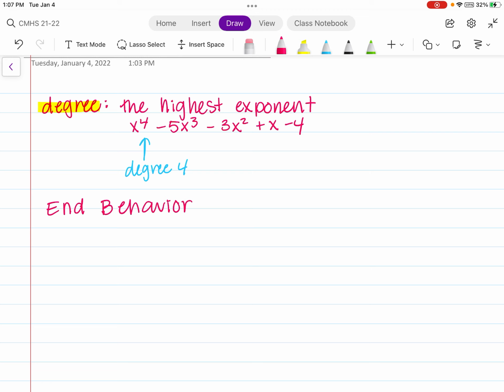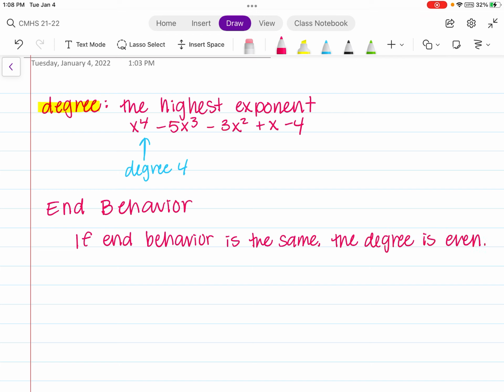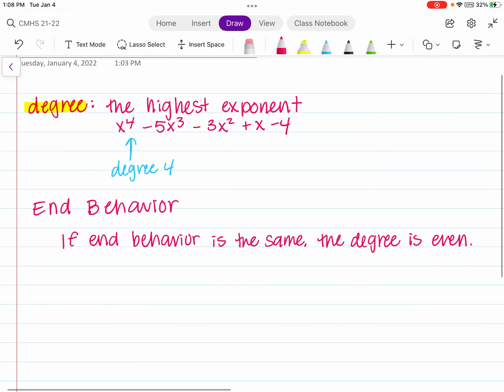So this is a little rule. We're going to skip a line, and I'm going to show you the rule. If end behavior is the same, like they're going in the same direction, both up or both down, the degree is even. Okay, so that makes sense. X squared is a parabola, is a quadratic, and they're both going up, usually. So that makes sense.